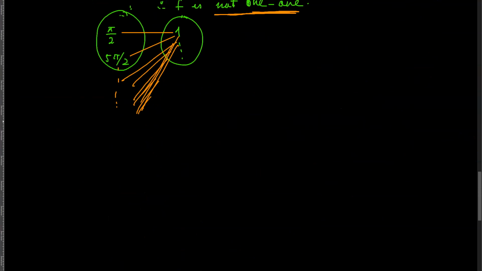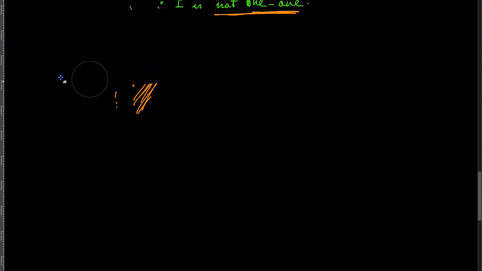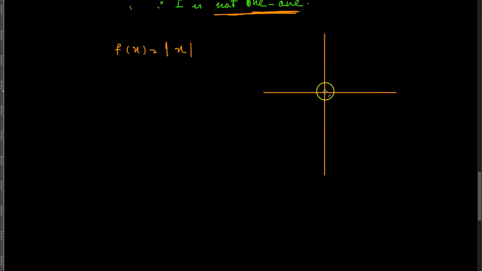Meaning that, for example, suppose that you have some function like f of x is equal to the absolute value of x. The function would be something like this. Now this function is, of course, not 1, 1, and not onto.